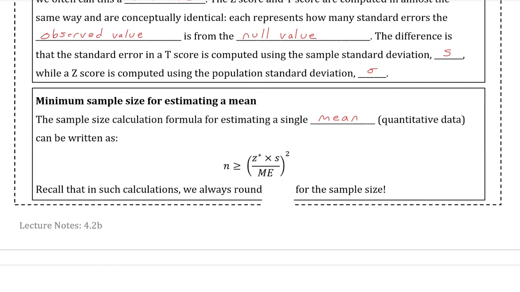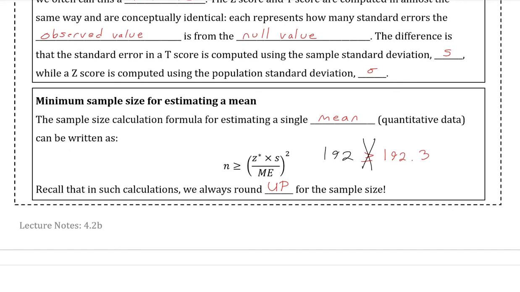Recall that when doing such calculations, we always round up for the sample size. This is very important, as if we find a statement such as n is greater than or equal to 192.3, then if we were to choose a sample size of 192, we would find that this statement is invalid because 192 is not greater than or equal to 192.3.